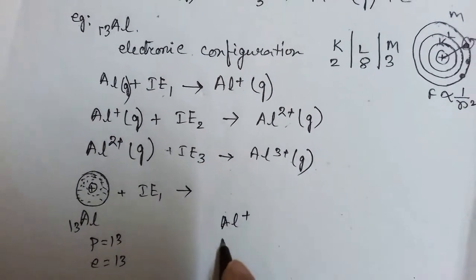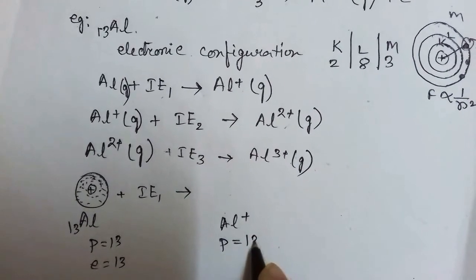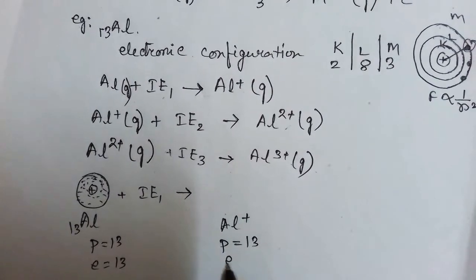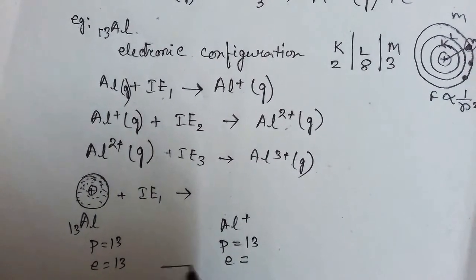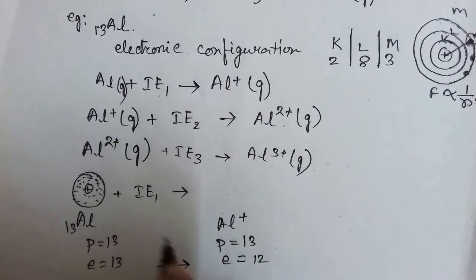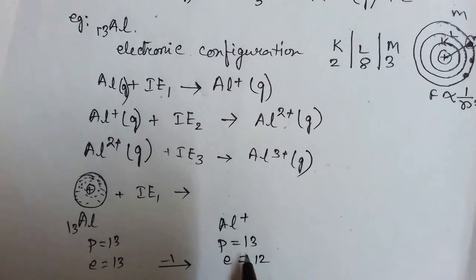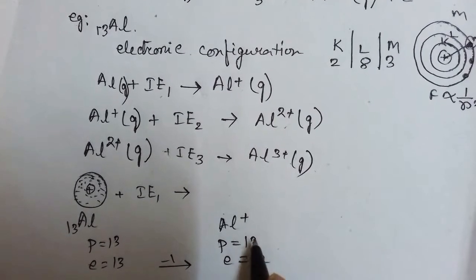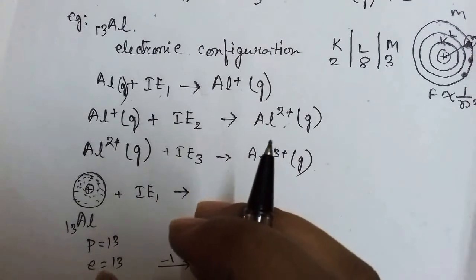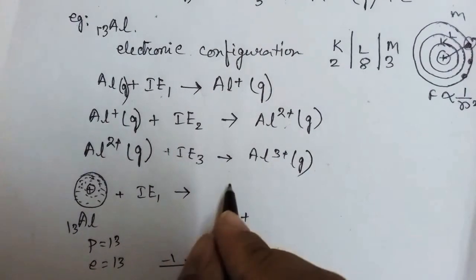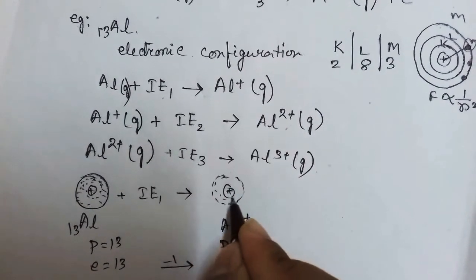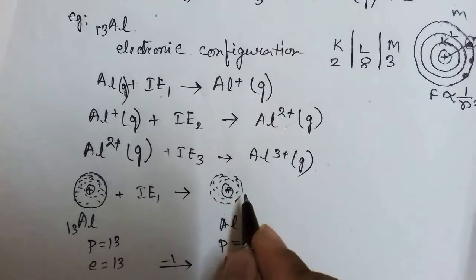Now it has 13 protons, because protons are in the nucleus and a proton will not be pulled off, the electron number becomes one less. 13 minus 1 is 12, right? So now 13 protons are pulling 12 electrons. So it will be a greater pull, right? So the electron density will come closer to the nucleus and the atomic size will reduce.